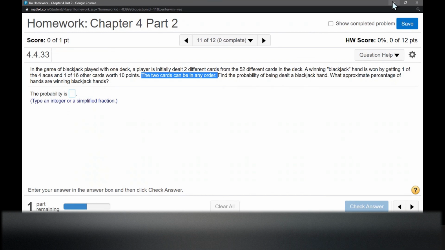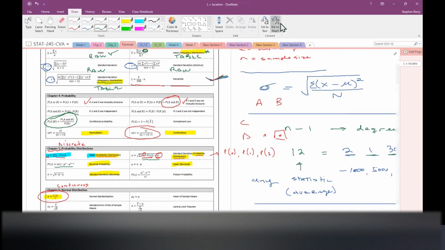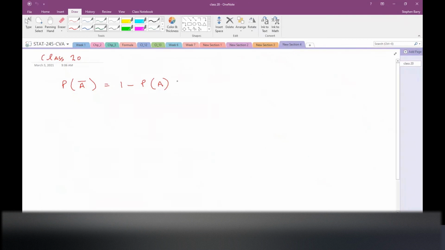So how would you handle this? I might have already done this with some of you because I think this has been flagged before. But in the case of blackjack, that probability of blackjack is going to be the number of blackjack hands over the total number of hands.